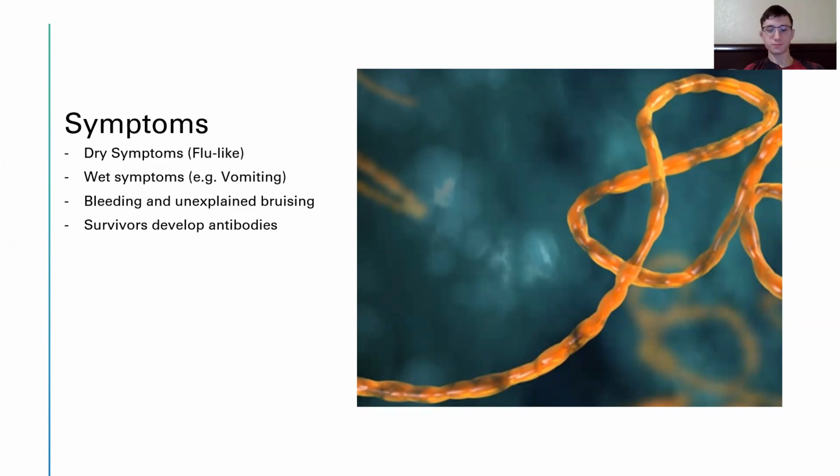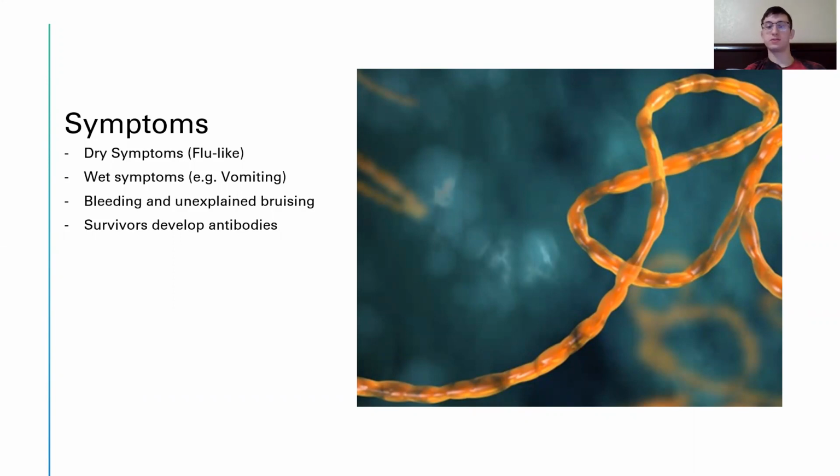So there are two main symptoms a person gets with EBD, and they are called dry symptoms and wet symptoms. Symptoms can appear anywhere from 2 to 21 days, so an incubation period of 2 to 21 days after contact with the virus, with an average of 8 to 10 days.